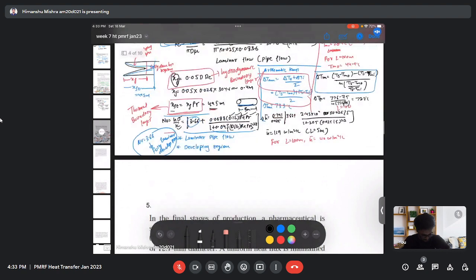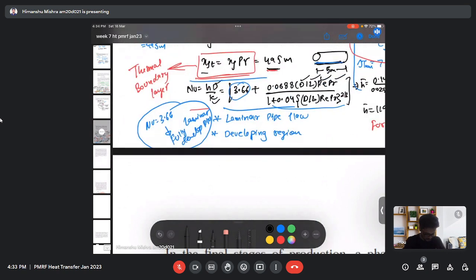And yeah, just to be more clear, these expressions for the Nusselt number, this one and this one, both are for the constant temperature case. So you have to be aware about the different cases here.